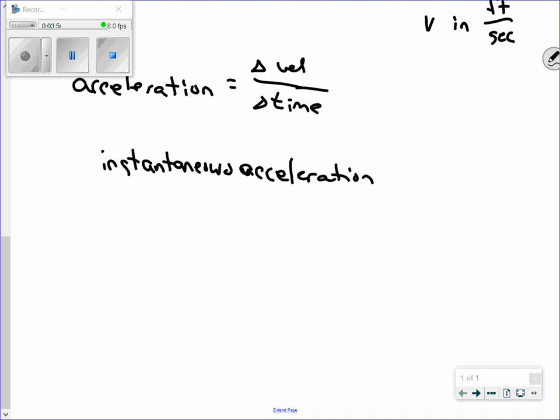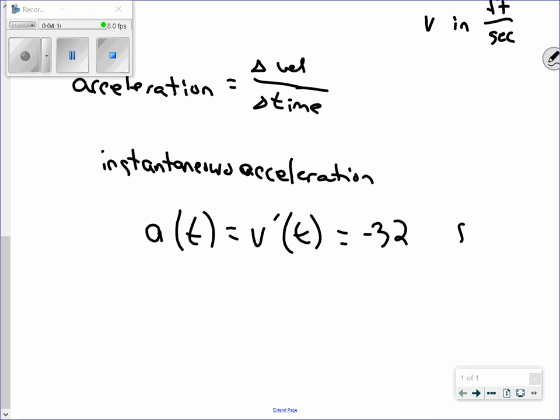Again, acceleration is how velocity changes with respect to time, so we have our acceleration function, which is the derivative of the velocity function. If we take the derivative of our velocity function, we get that the acceleration is negative 32. The units are feet per second over seconds, which we usually call feet per second squared.